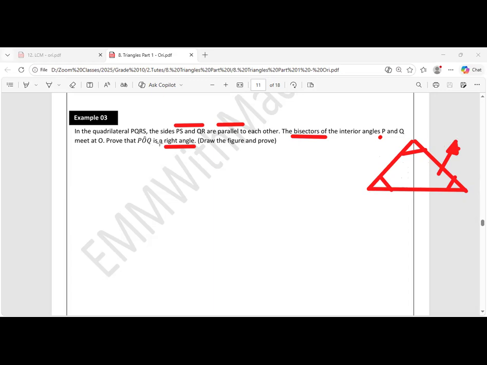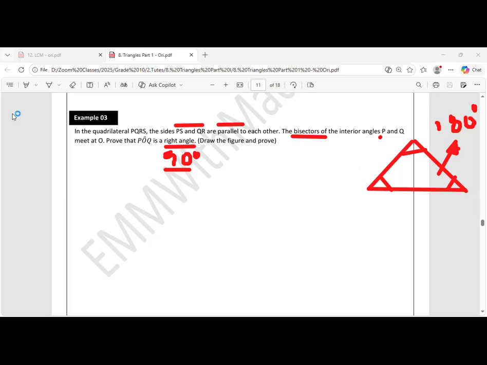Then you can show that any other angle related to this is a right angle. Now you need to show that my angle should be 90 degrees. So you need to obtain 90 degrees by using this theorem. There are other things as well.